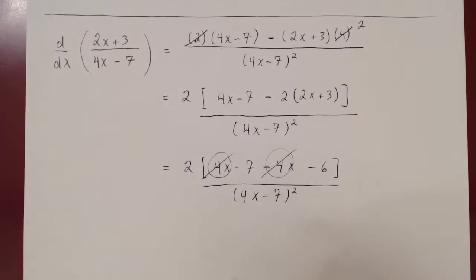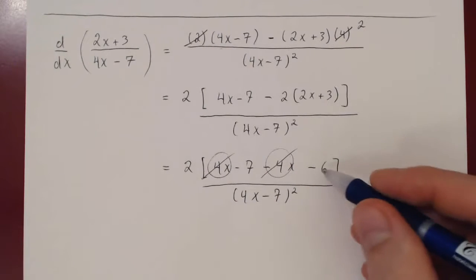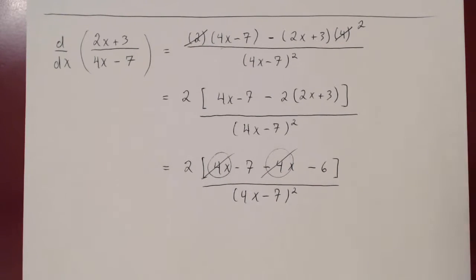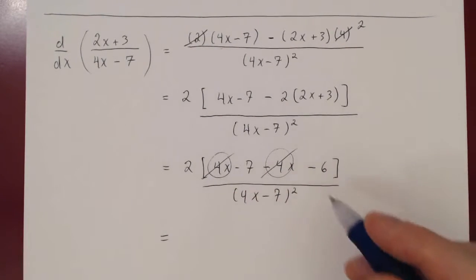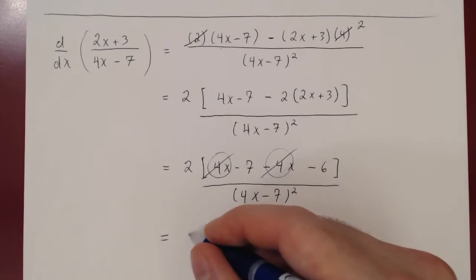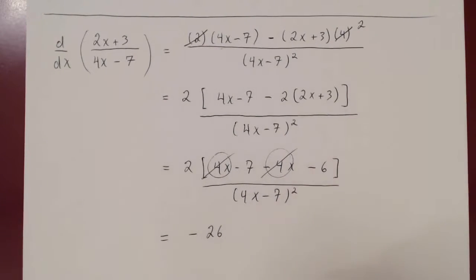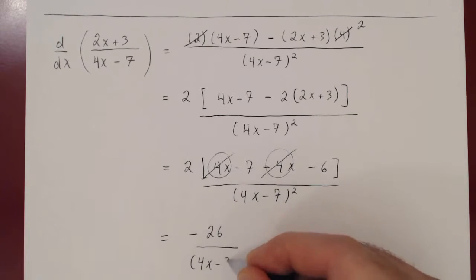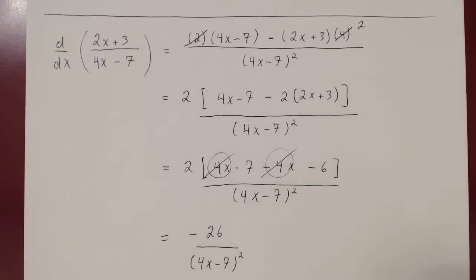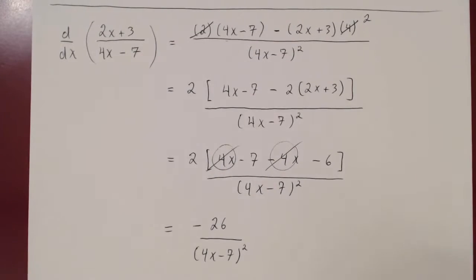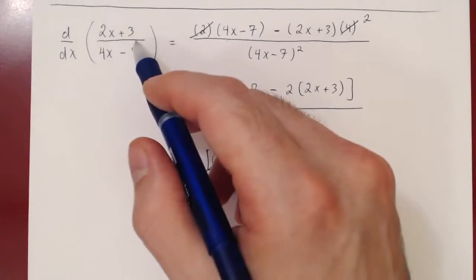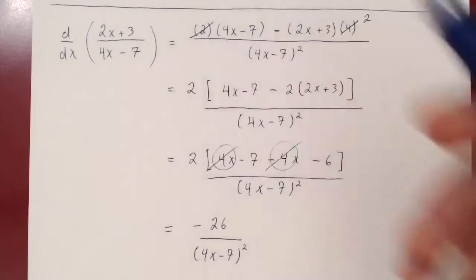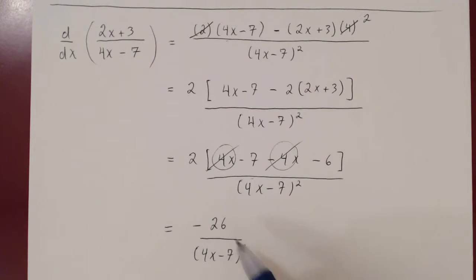This cancels. And we're left with negative 7, negative 6. That's negative 13. Negative 13 times 2, negative 26. So negative 26 all over 4x minus 7 squared. And there you have it. The derivative of 2x plus 3 over 4x minus 7 is just negative 26 over 4x minus 7 squared.